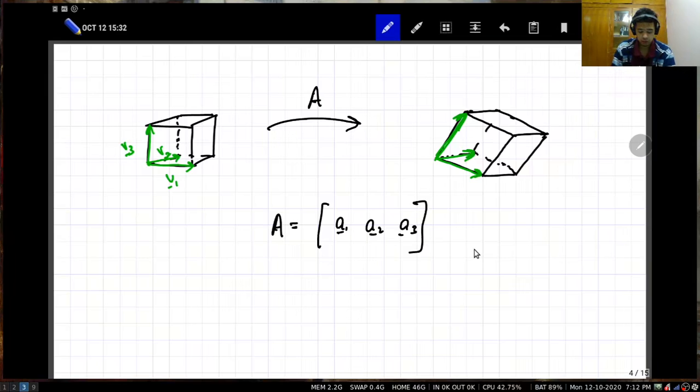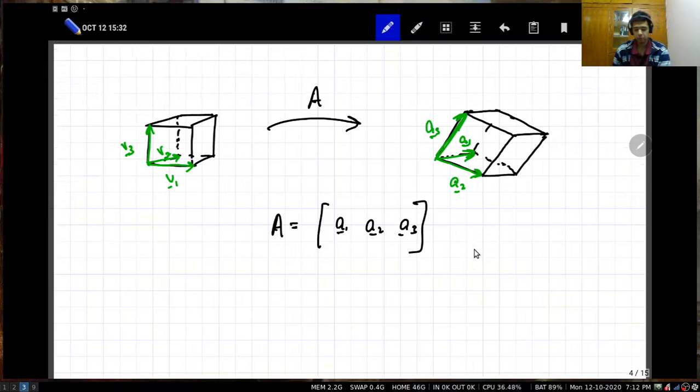So the standard ordered basis essentially represents a cube, because if you take these three as the adjacent edges of a parallelepiped, then this corresponds to the unit cube. And when we multiply by A, this essentially corresponds to the vertices of a parallelepiped, right?